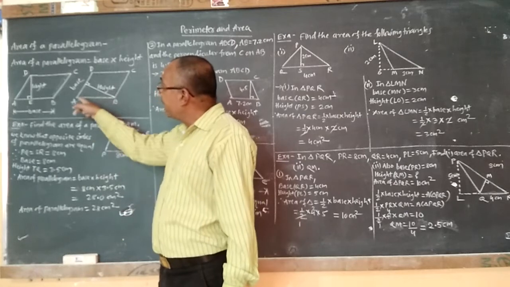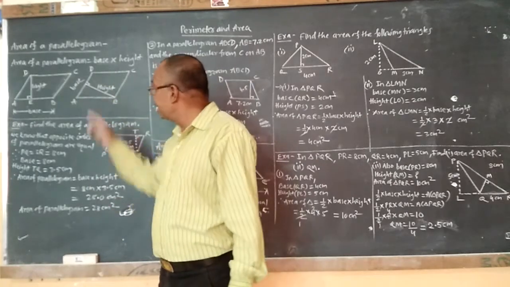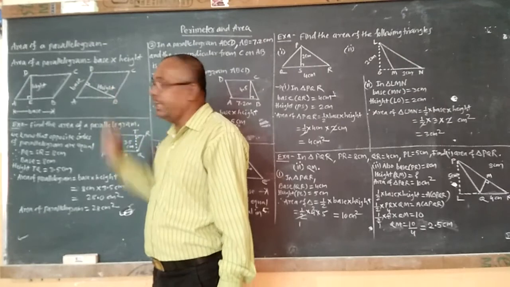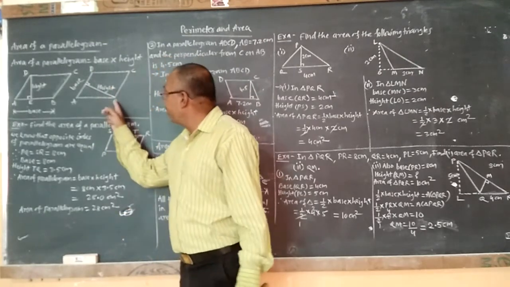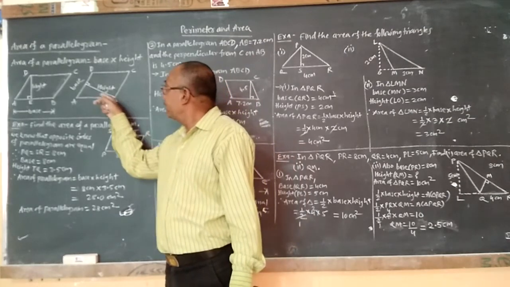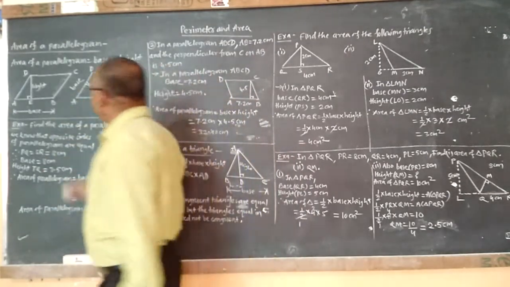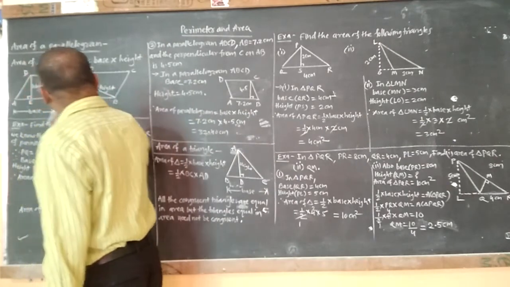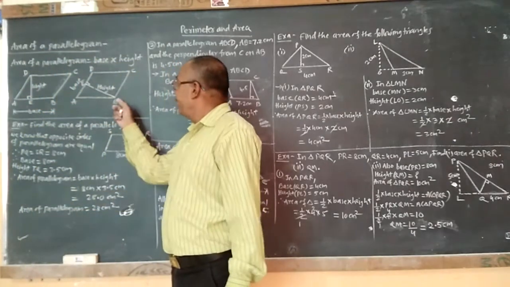Similarly, I have drawn the same parallelogram ABCD, and from the vertex B I have drawn the perpendicular BE.